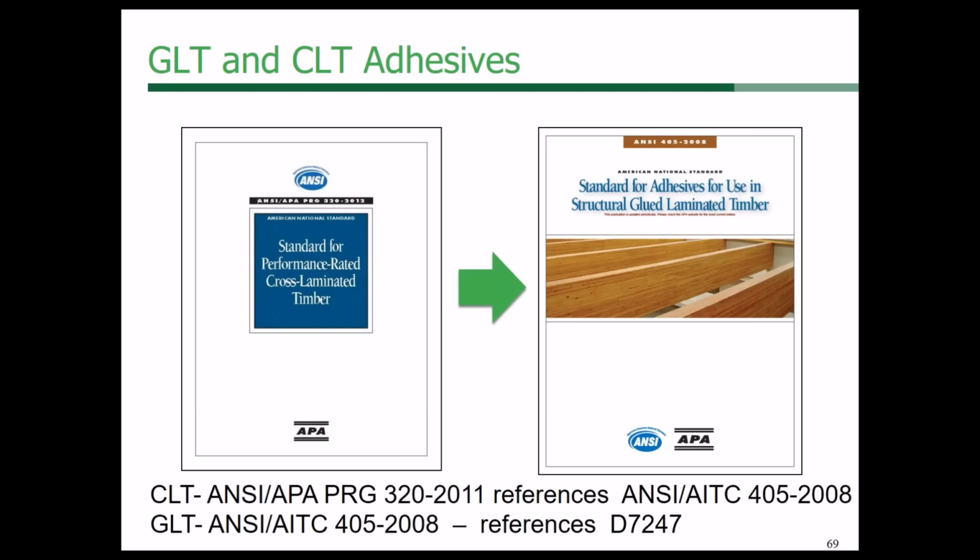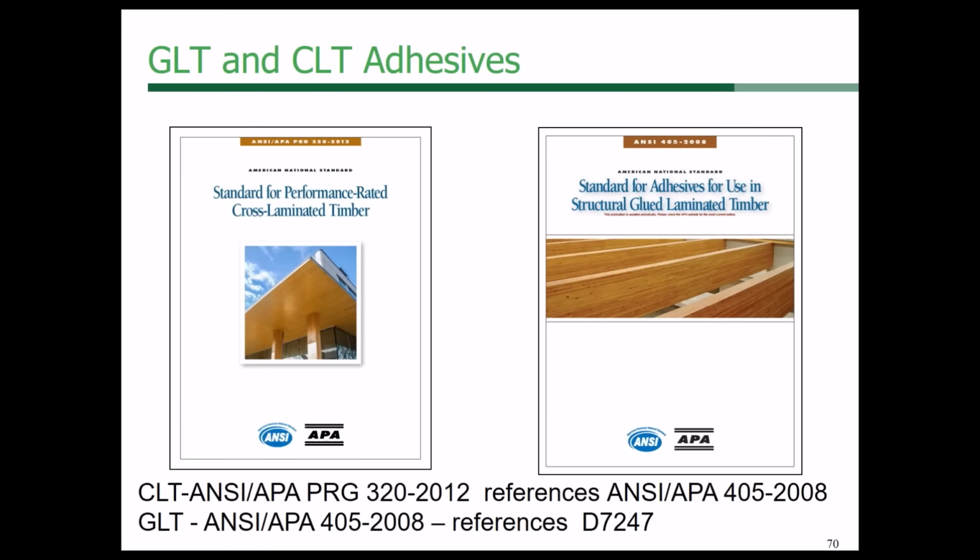So there is a history of some use within glue laminated timber members that are specified under the CLT manufacturing specification. There is a 2012 specification out there which is not adopted under the IBC, but the only major difference between the two is that there were some clerical revisions to the 2012, but basically they're overall the same.